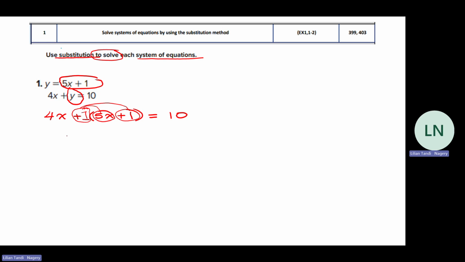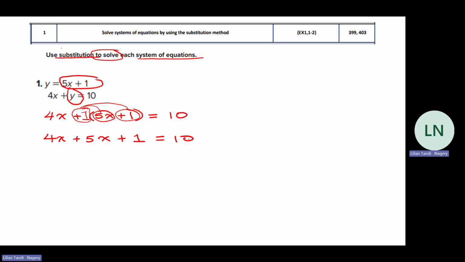Okay? So now my new equation will be 4x plus 5x plus 1 equals 10. 1 times positive 5x will give me positive 5x. Positive 1 times positive 1 will give me positive 1.